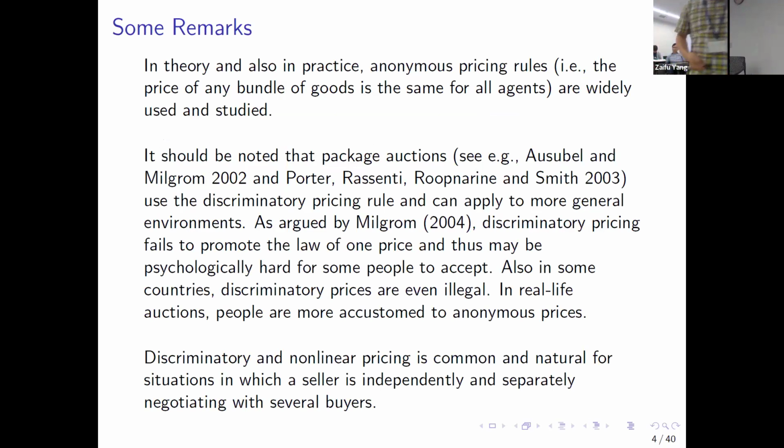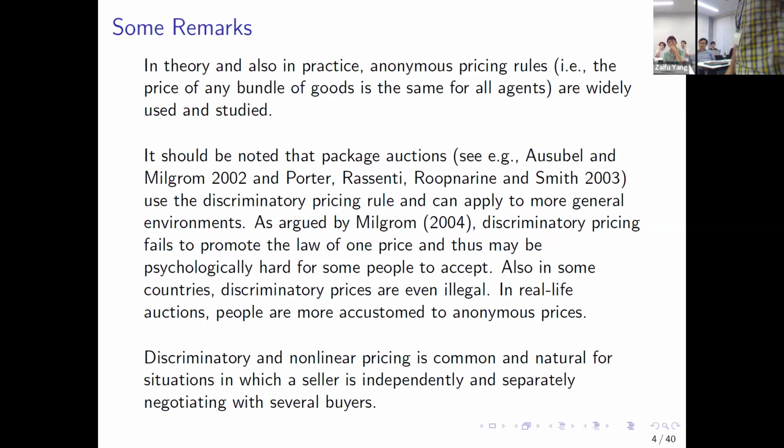Okay, so I should mention there are packaging options such as the one proposed by Milgrom. Those options can apply to more general developments, but they have to use a discriminatory pricing rule.